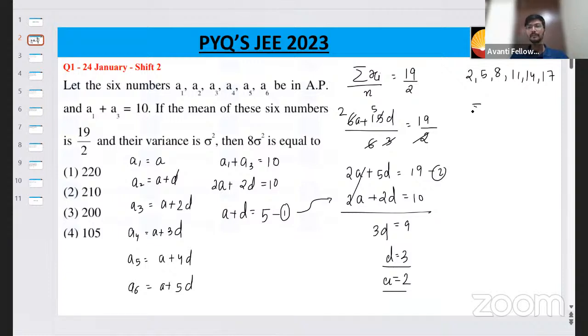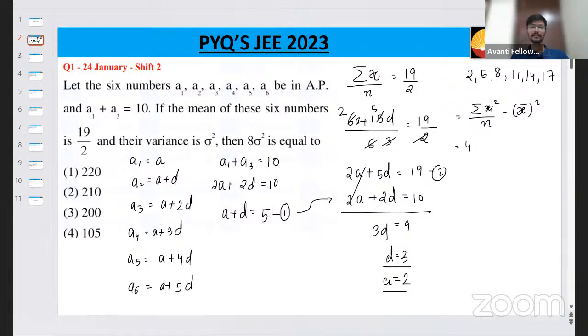The variance is sigma square. What is variance? Variance is summation xi square upon n minus x bar whole square. So summation xi square. What is summation xi square? It will be all the squares of these numbers. So that means 4 plus 25 plus 64 plus, okay.